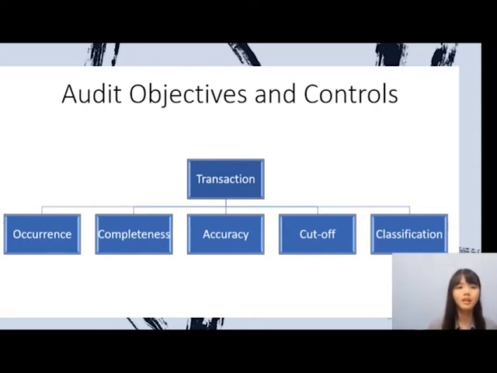Third is accuracy: additions or disposals are correctly journalized and posted. Next is cut-off: additions and disposals of PPE before the period end are recorded in the current period, and those after the period end are included in the next accounting period. Last is classification: additions or disposals of PPE are recorded in the correct account.